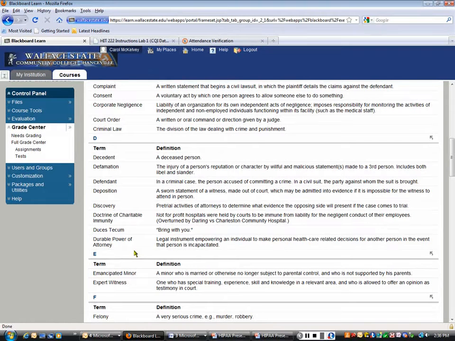Expert witness. This is someone who has special training or experience or some specific skill or knowledge in a relevant area and who is allowed to offer an opinion as testimony in court. I know any of you who have watched any type of court drama or court proceedings have seen expert witnesses.